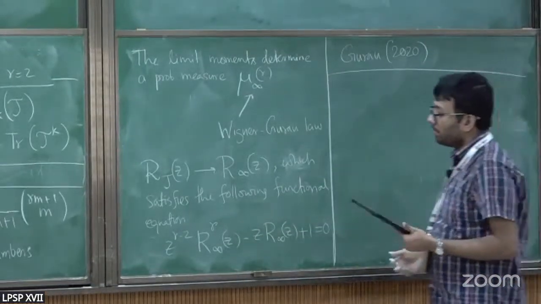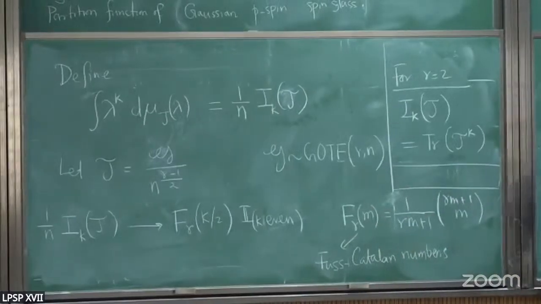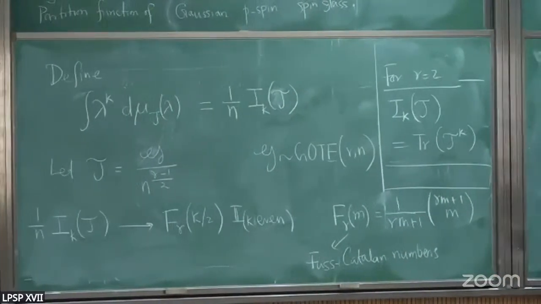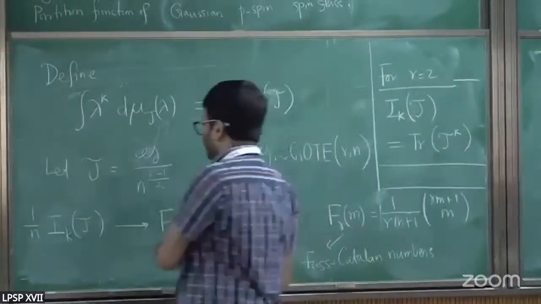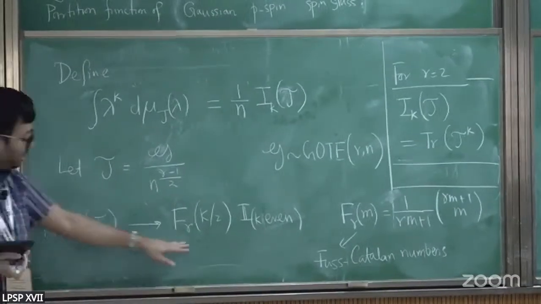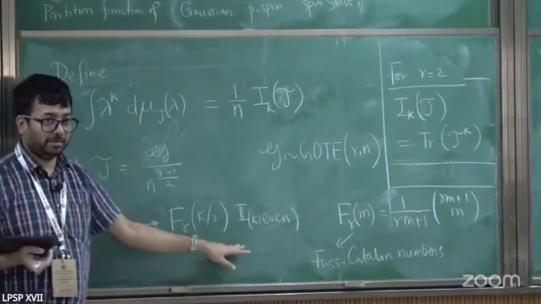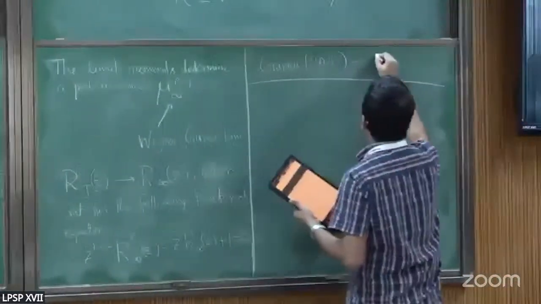Recently, Bonnin actually proved that you don't need GOT. You can have mean zero, variance one random variables as well. So universality by means of the moment method. He proved that these moments converge to the corresponding Fuss-Catalan numbers. So this result is due to Bonnin. This is only for GOT.